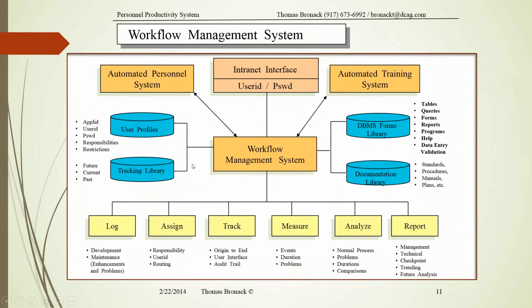Workflow management. Today, a lot of productivity is lost in workflow, so let's talk about how we can better it. First of all, a workflow management system should be accessible from any place at any time, so you have an internet connection. But it could be an intranet within your company, so people who are authorized can go to your company site, go to the intranet, and then look at the workflow management system.